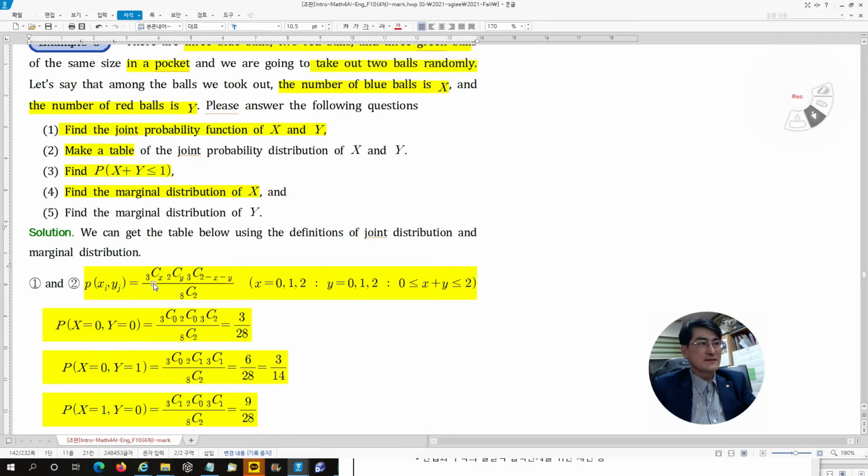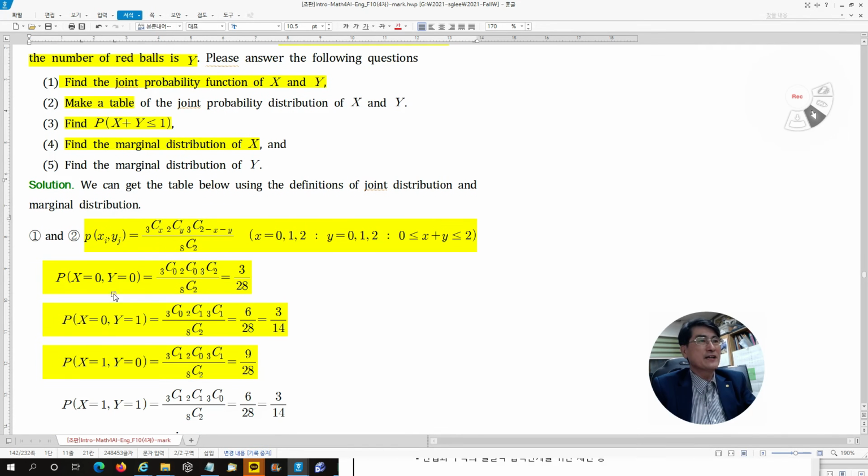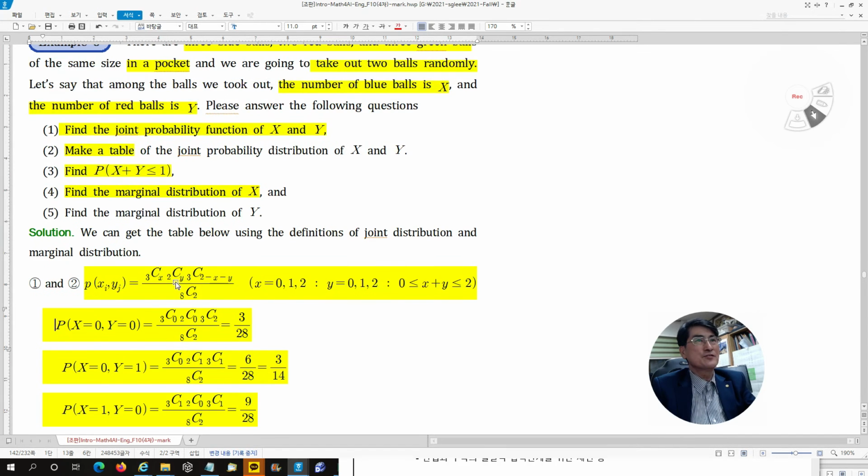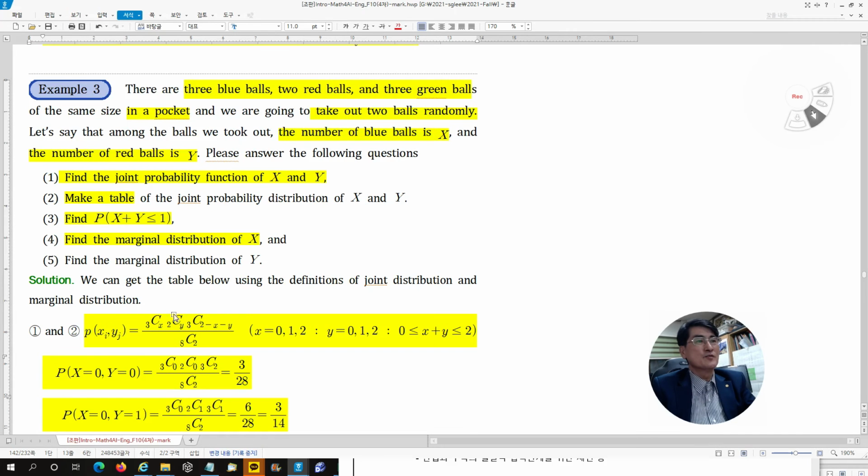Okay? So with this, we can find P of capital X equal to 0 and Y equal to 0. What it means is we choose 0 blue balls and 0 red balls and choose 2 green balls only from 3 green balls.